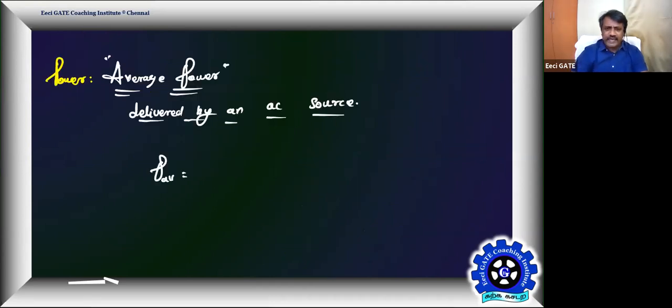We'll see how we can find it. In general, for the average of any periodic signal, for example an instantaneous voltage v of t defined as Vp sine omega t, I call its average V average. Then I go for averaging over a period.